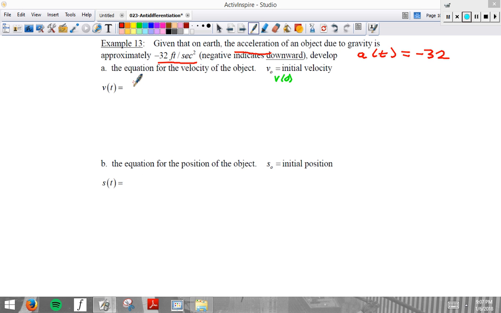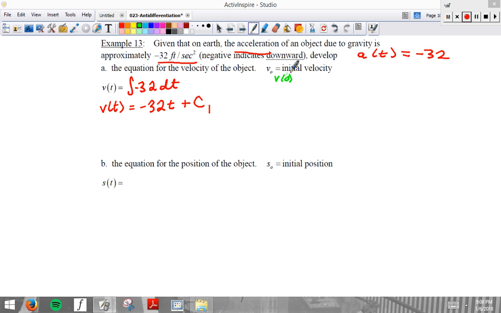Okay, so v of t would be the antiderivative of a of t, which is just negative 32 dt. So v of t will just be negative 32t plus c1. I'm going to do two different ones. Preparing ahead.